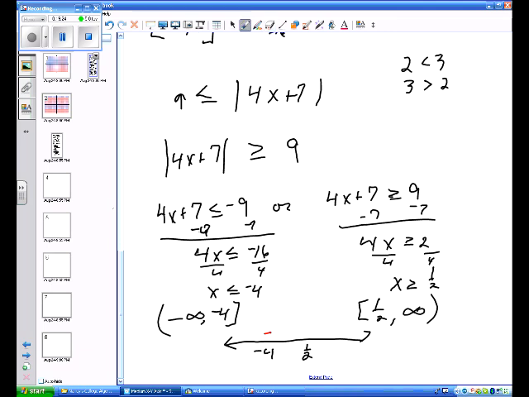And this one is less than negative 4, so we're going to the left. This one is greater than 1/2, so we're talking about what goes to the right. Okay, this is solving our absolute value inequalities. What you have to know is how to set them up and how to set up your inequality as you go through and use it.